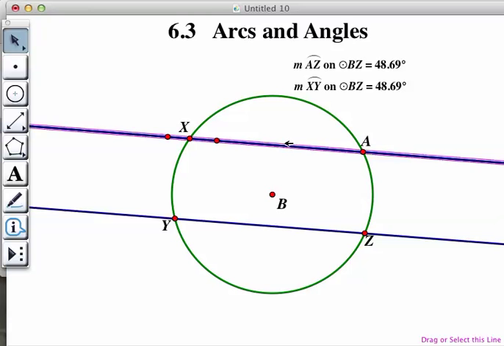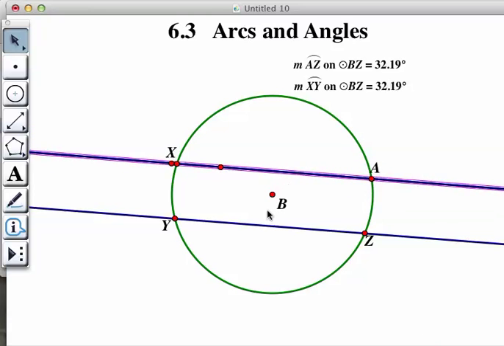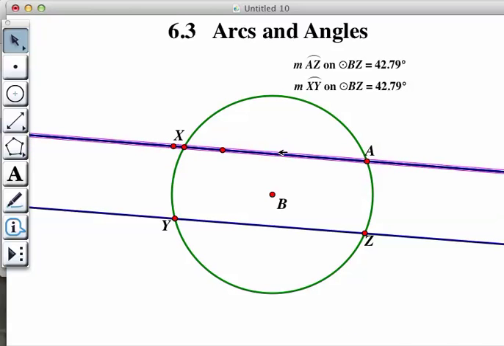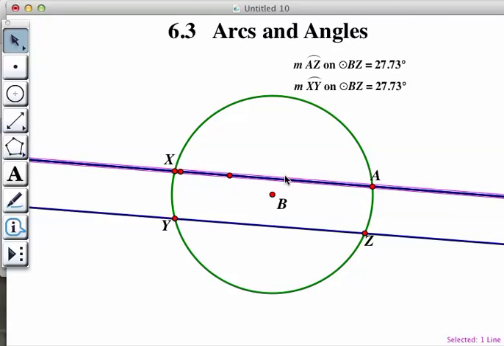And will it matter where I move this parallel line to? It won't. Because the lines are parallel, the distance between them will be the same all along their length. If I move this point further away, all points get further away as well. If I move this point closer, all points get closer as well, and they get closer at the same rate.